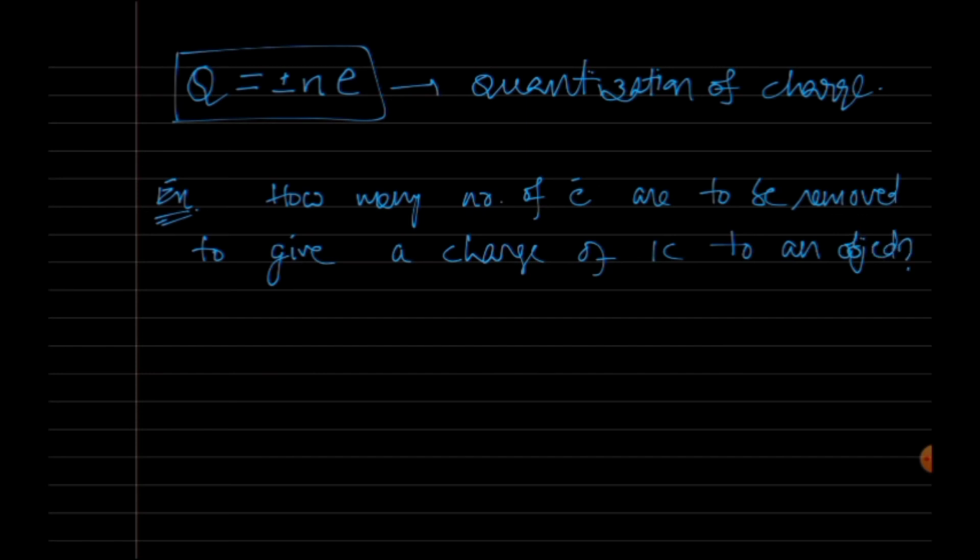Here Q is given as 1 coulomb, and we already know e is equal to 1.6 into 10 to the minus 19 coulombs. By substituting the values, I can get the value of n.